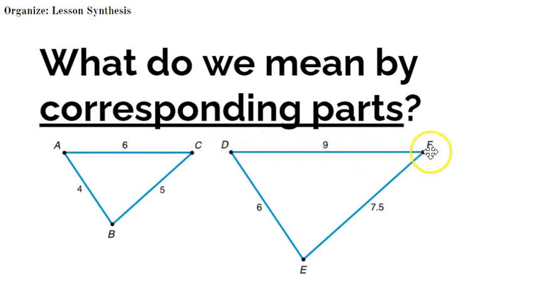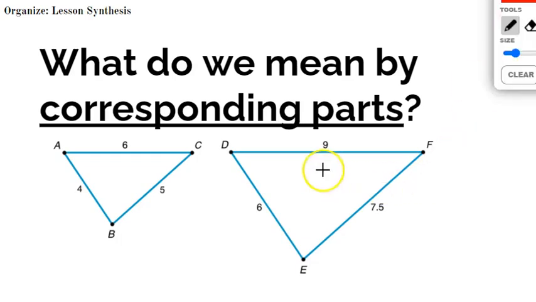Because it is that same part of the shape, and it also has the same opposite angle. Because if you look, this angle appears to be the same. Now, we could obviously measure it to find out for sure. So corresponding parts means that we're just looking for the things that are working together to show the new thing.